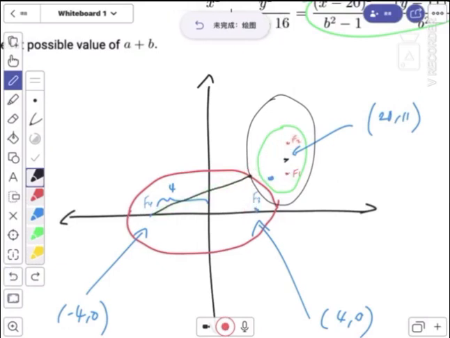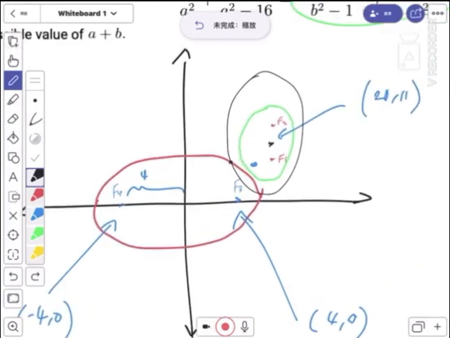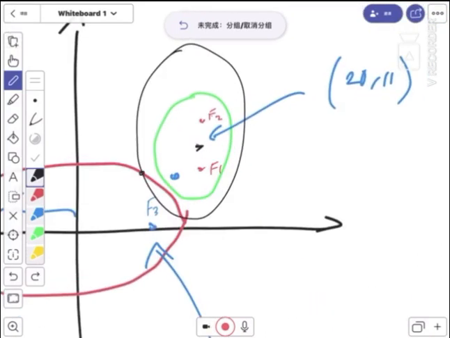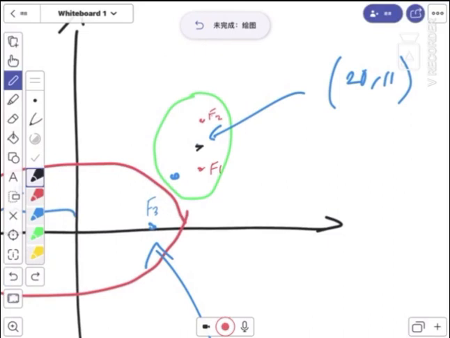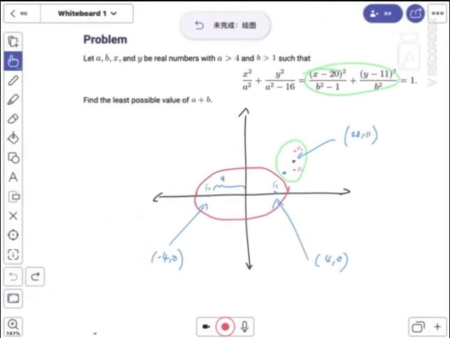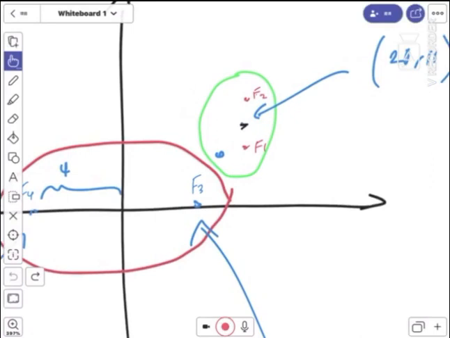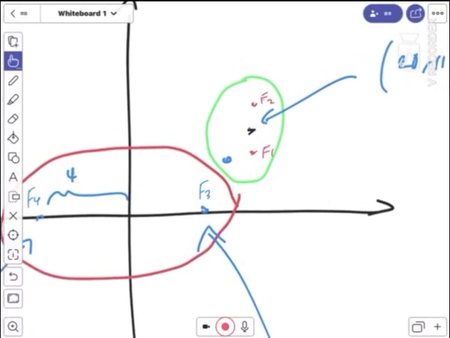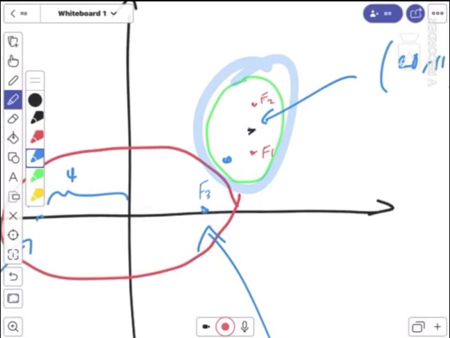Therefore, when is it going to be the shortest distance possible? It means that the point must be tangent. So this ellipse right here must be tangent to this ellipse.